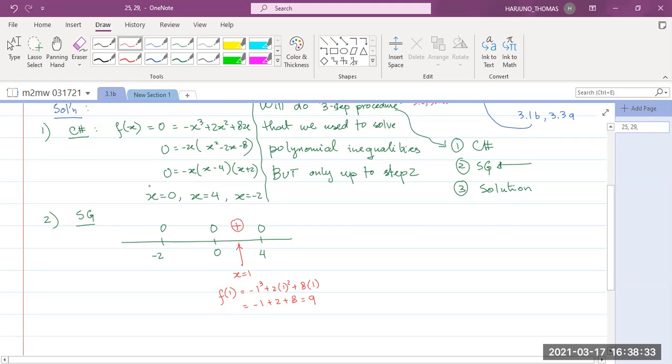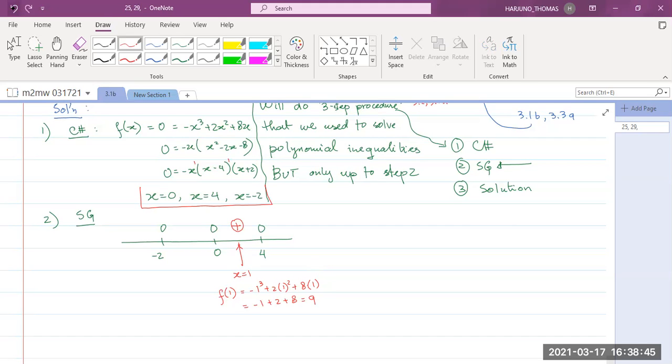And because each of these critical numbers has multiplicity of 1, you see the exponents are all 1s in the factors. Therefore, when we jump across a critical number, we change the sign, because the multiplicity is odd.